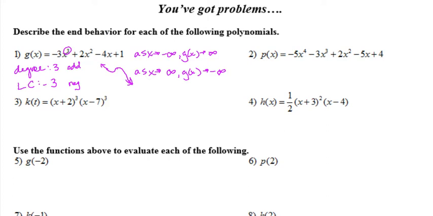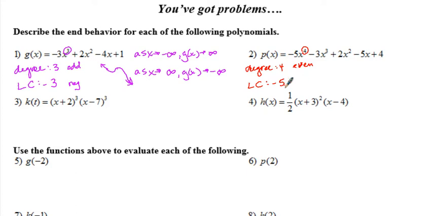Let's look at p of x. My leading coefficient, everyone looks to be in order. My highest power is 4, so my degree is 4. And my leading coefficient is negative. It's -5. It's an even degree polynomial, so I know my ends match.